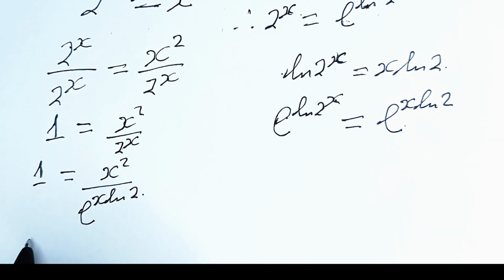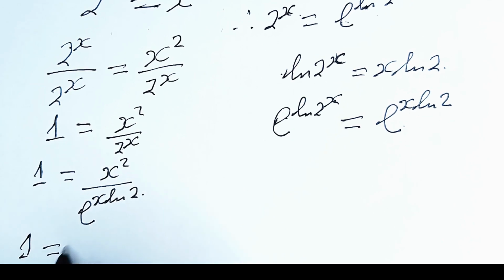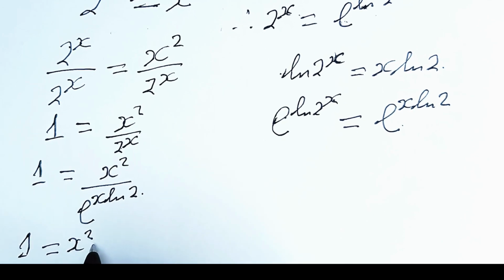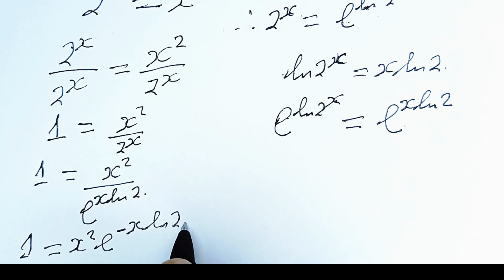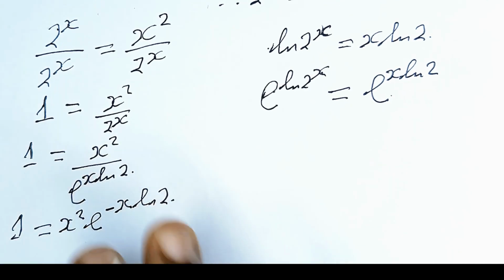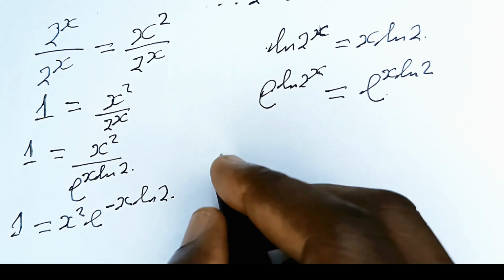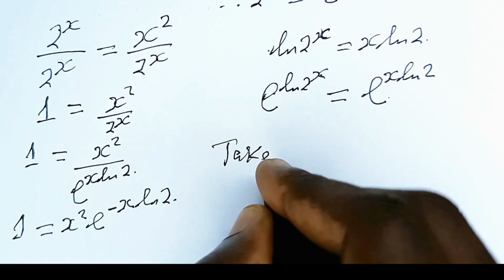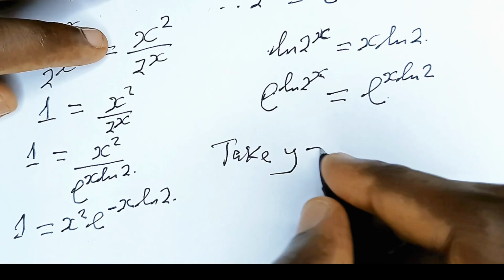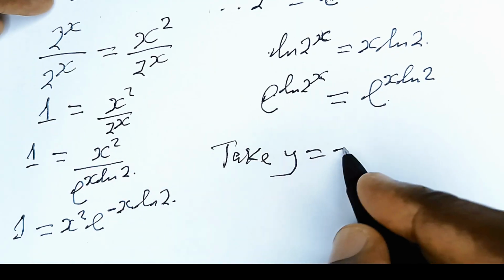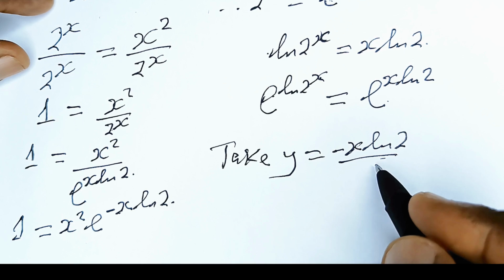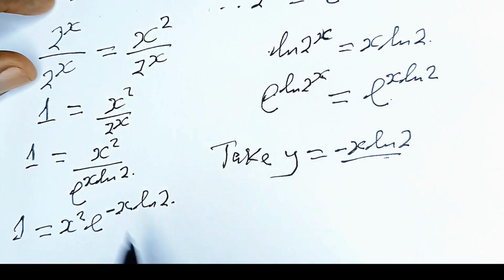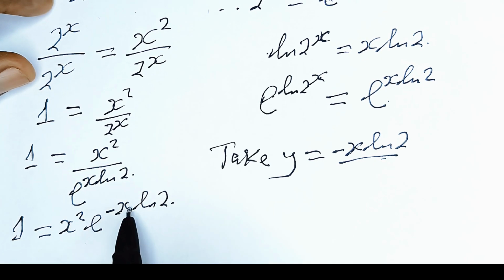When this comes up in the law of indices, it means 1 is equal to x squared exponential of minus x ln 2. To make this easy, let's take y to be equal to this minus x ln 2.